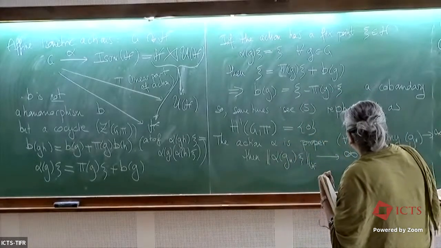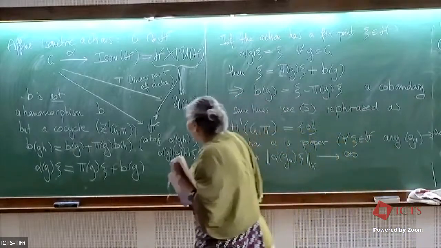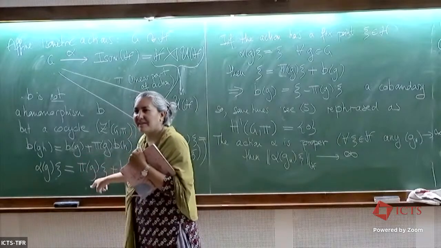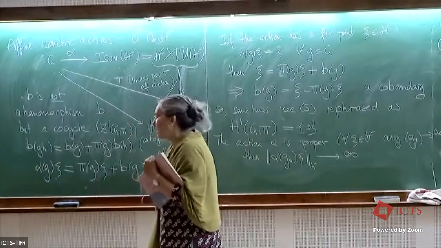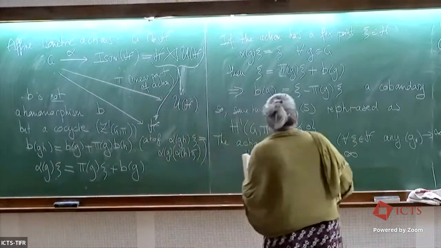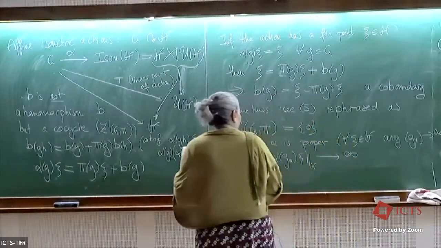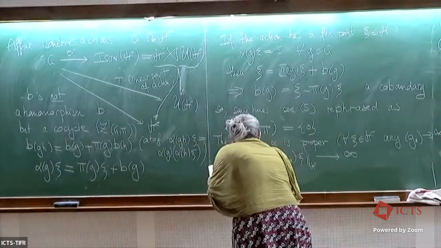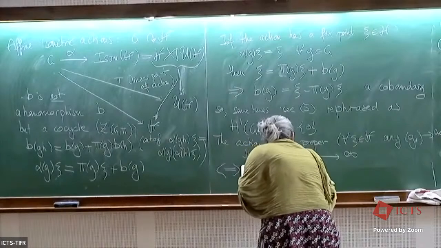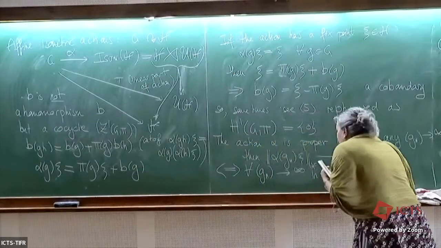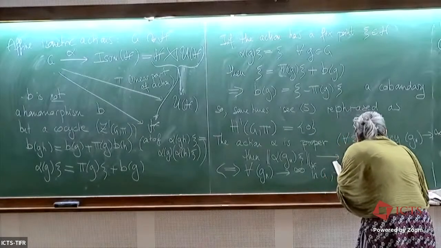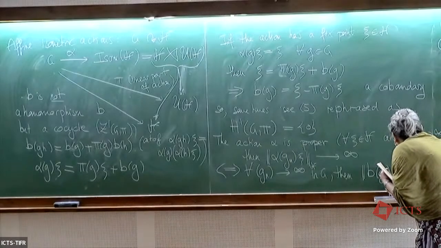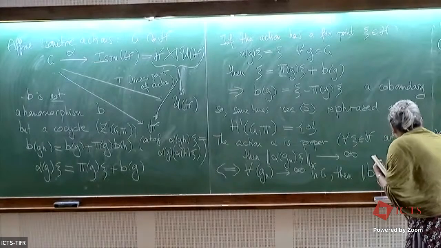But what does it mean to go to infinity if you have an action that's decomposed like this? This is never going to move because it's a unitary action. So this doesn't do anything else than having norm 1. If you want to go to infinity, you need your cocycle to go to infinity. So this means that for any sequence Gn going to infinity in G, the norm of B of Gn goes to infinity in H. Well, this is in R, right?